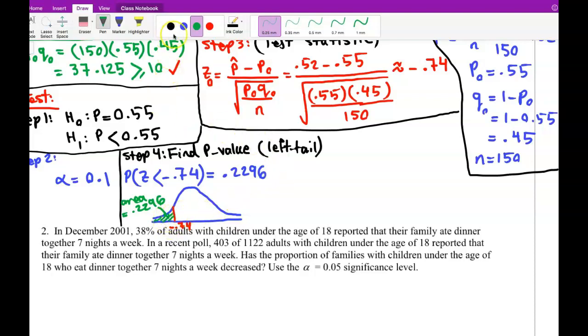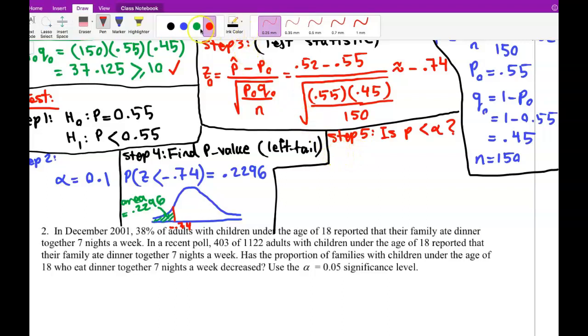Then step 5, we should compare the p-value and alpha. If the p-value was less than alpha, then that means we should reject the null hypothesis. So we should ask, is this p less than alpha?